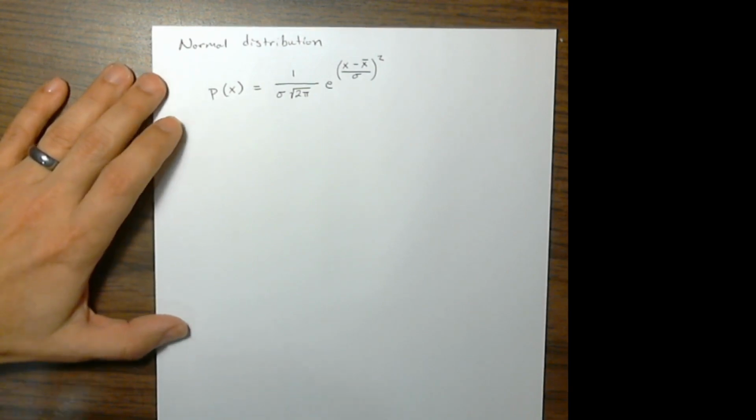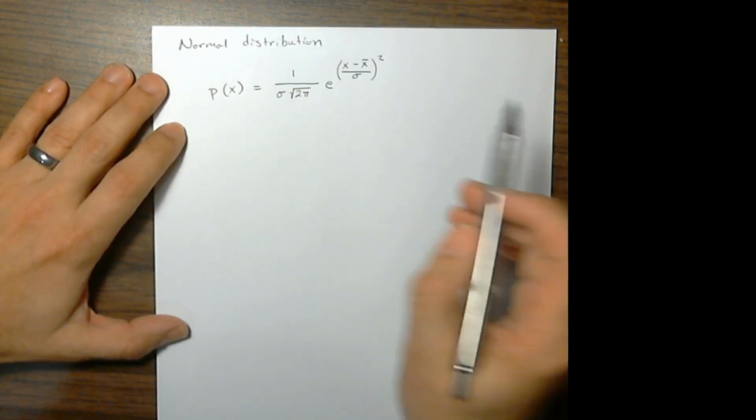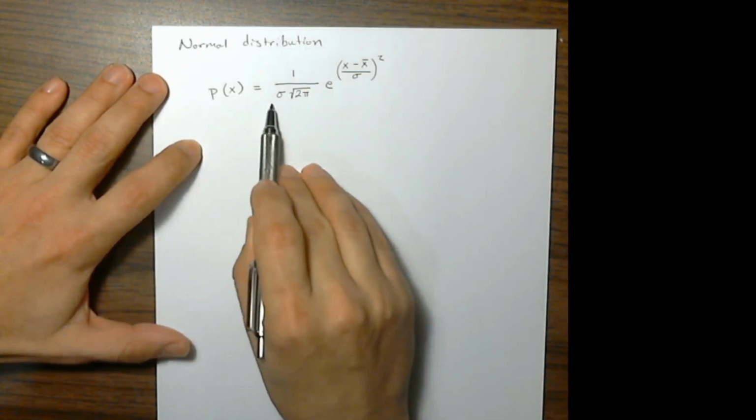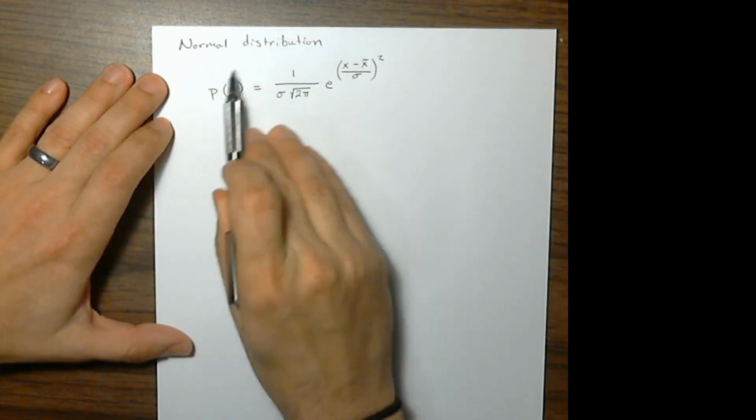Okay, what it says is that the probability density function has a certain shape to it.